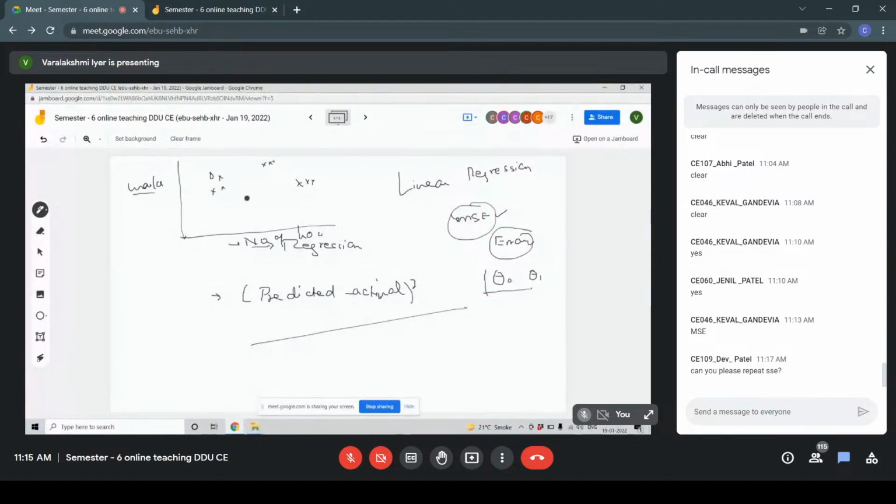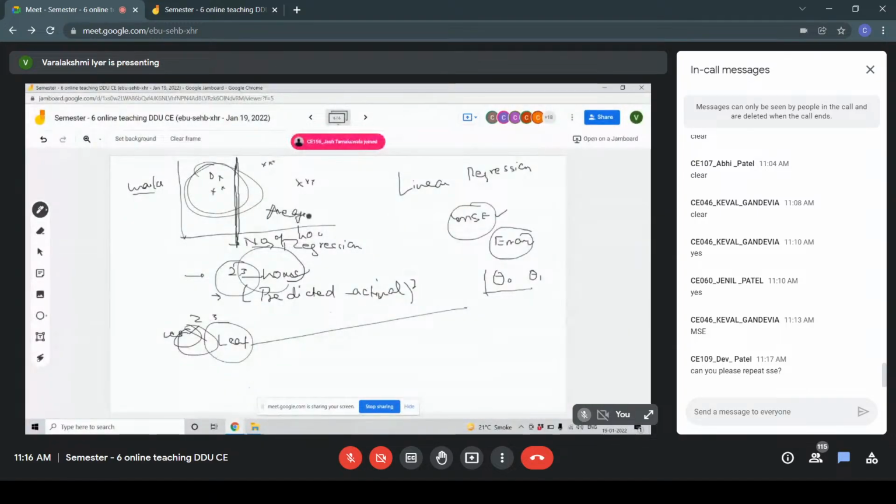So for example, our first split of the data set is this. This is the first split that we are creating. Our split is, for example, 2.5, so 2.5 hours I'm considering as our first split. On the left side I'll create a leaf node, and on the right side I'll create a leaf node. Both of these leaf nodes will be the average of whatever instances are present on the left and right side of this boundary, right?